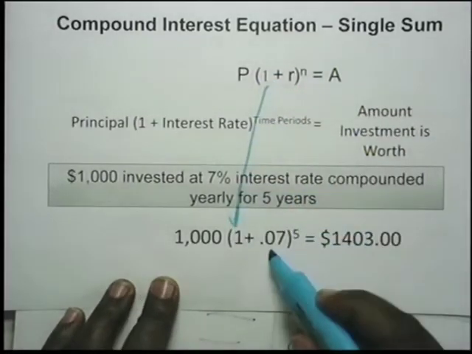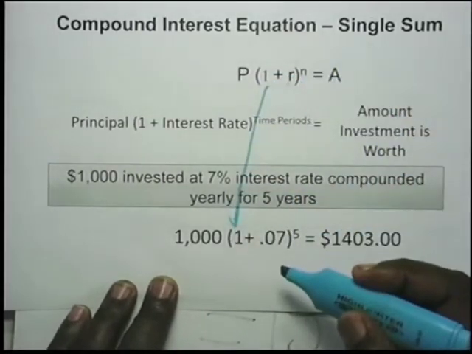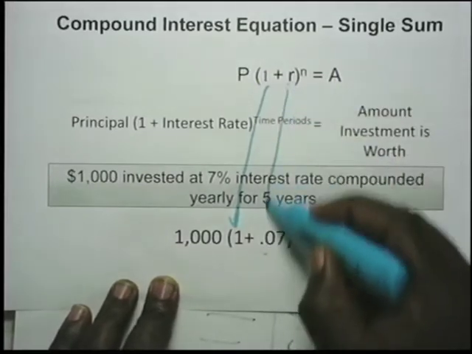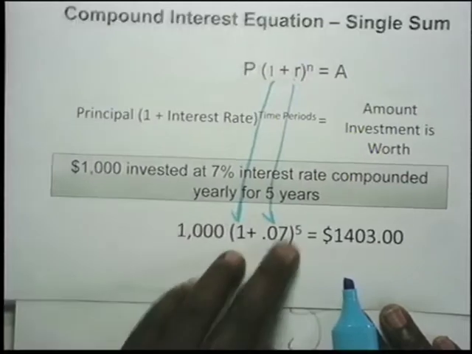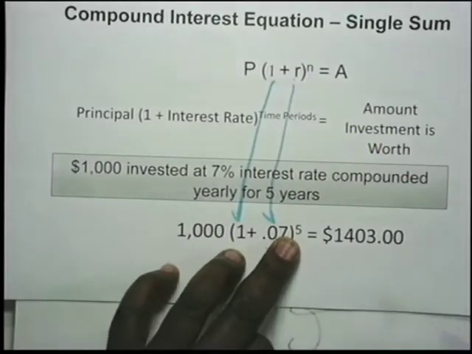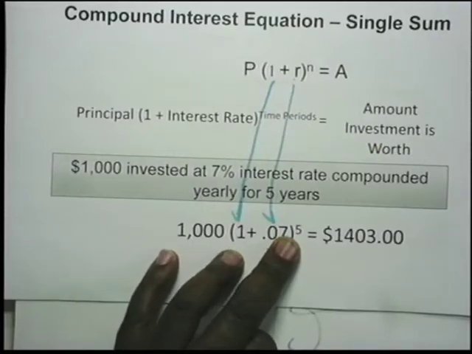The R is the rate of interest, which is 7%, which is 0.07. To the power 5. N is 5. What it means is interest is being calculated once per year at the end of the year. So if it's 5 years, it will translate to 5 periods.